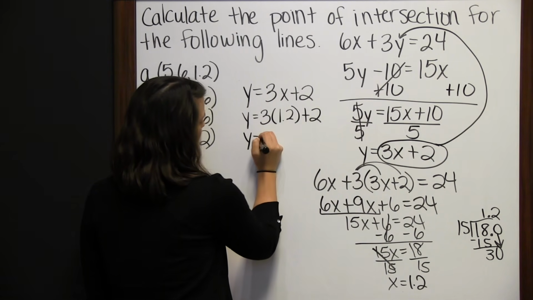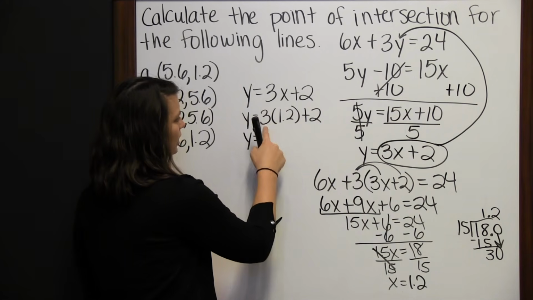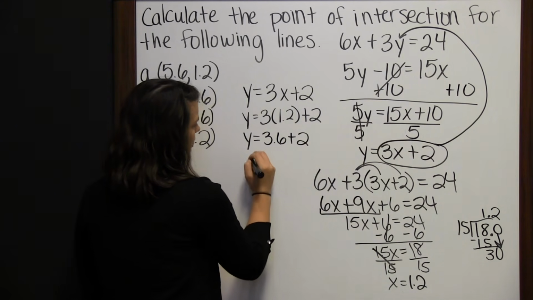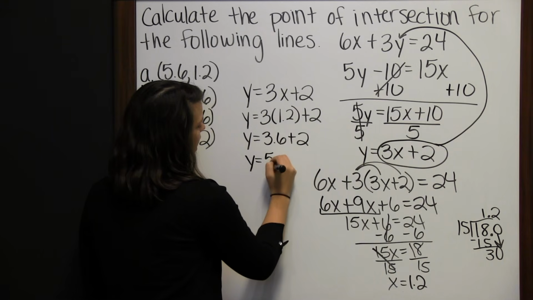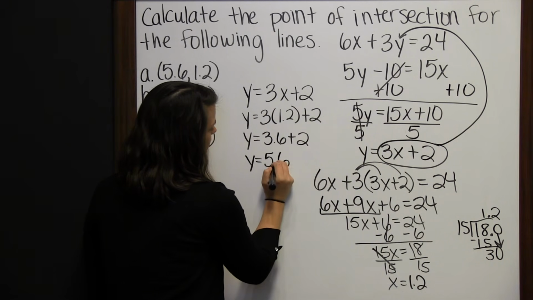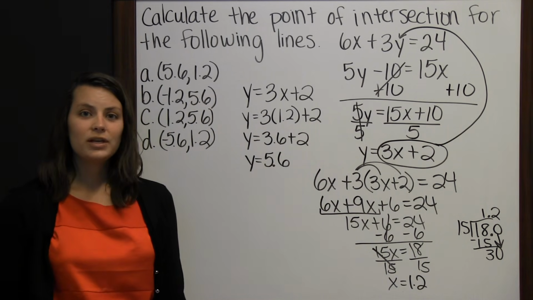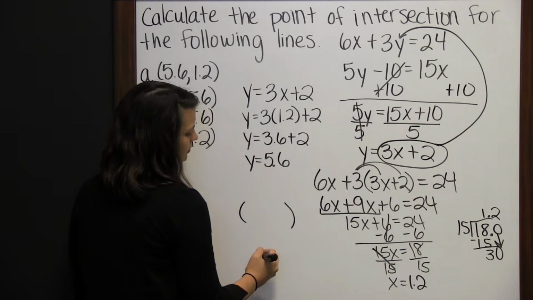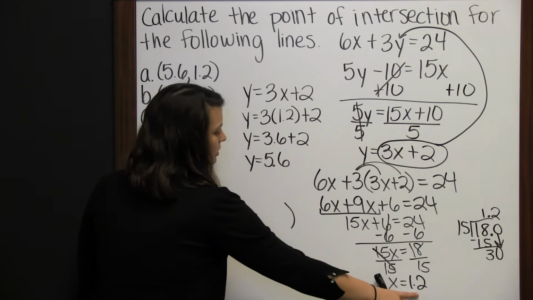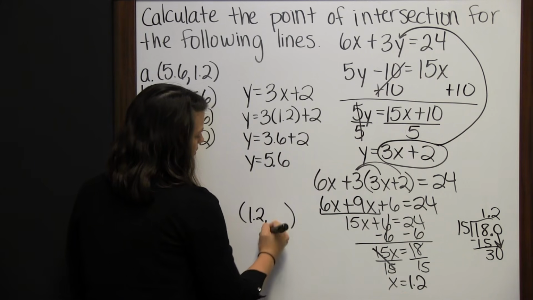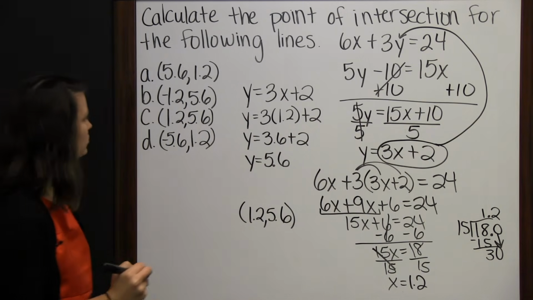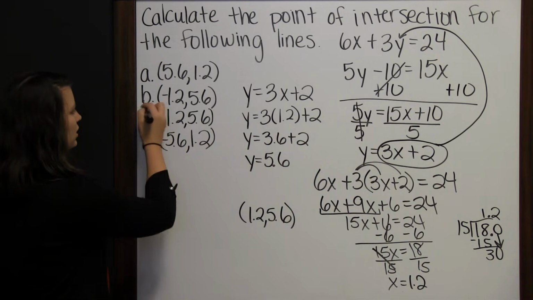So y equals 1 2/10 times 3 is 3 6/10 plus 2. So y equals 5 6/10. Finally, we need to put both of these coordinates together as an ordered pair. X is 1 2/10 and y is 5 6/10, which means our answer is C.